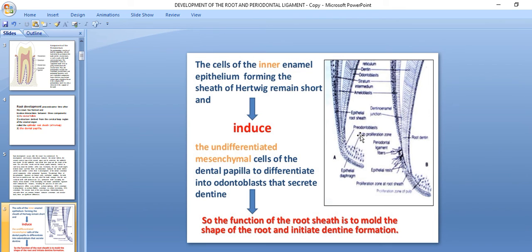So the function of the root sheath is to mold the shape of the root and initiate dentin formation.